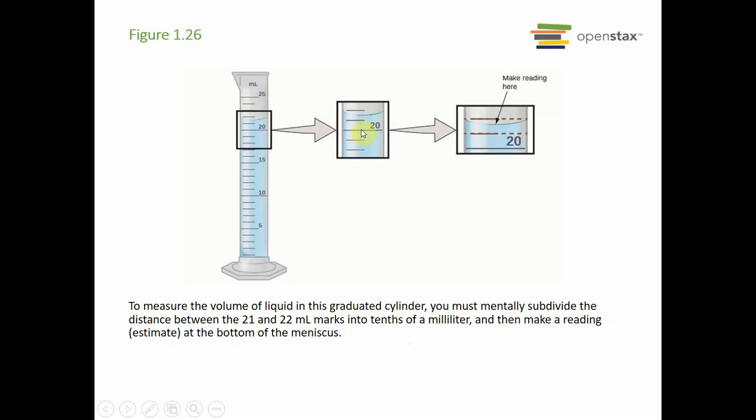So if we look up here, the 21 and 22 marks are on the graduated cylinder, and you must estimate right here, it's a little bit over half, so half would be 0.5, so let's call that 21.6 milliliters is contained in that graduated cylinder.